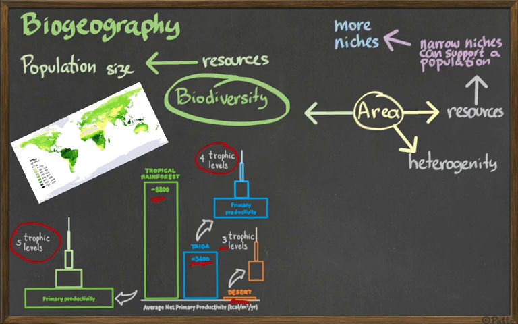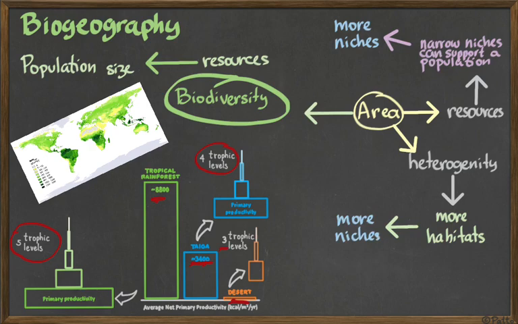And if you have more heterogeneity, you're going to have more habitats. And if you have more habitats, different resources, you're going to have more niches. So area is expected to be related to richness, to the number of species, to biodiversity, and is going to be positively related. The bigger the area, the bigger the biodiversity should be.